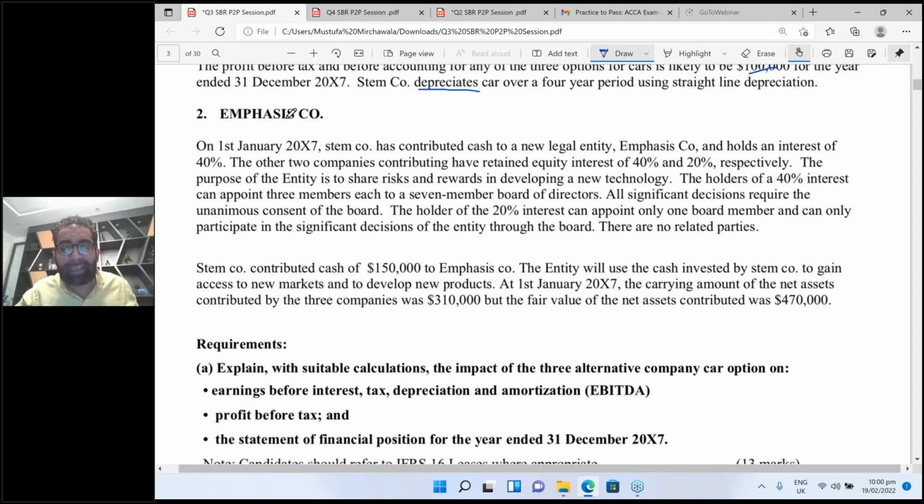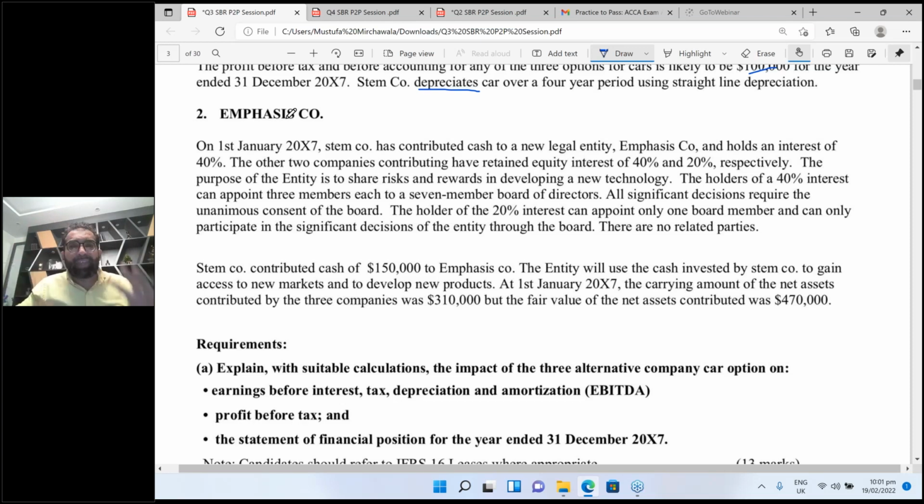If one of them says no, that thing cannot be changed. So the basis of IFRS 11 is joint control. This is a must.